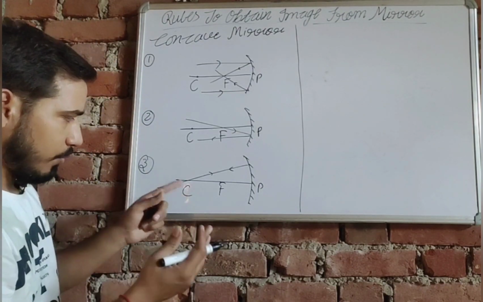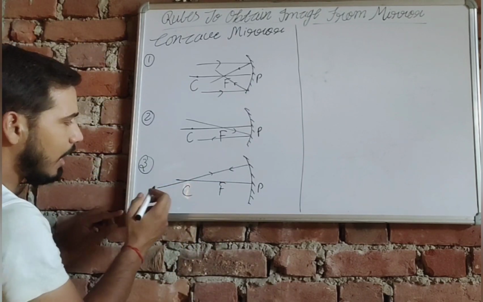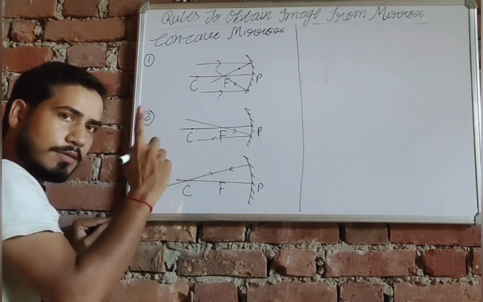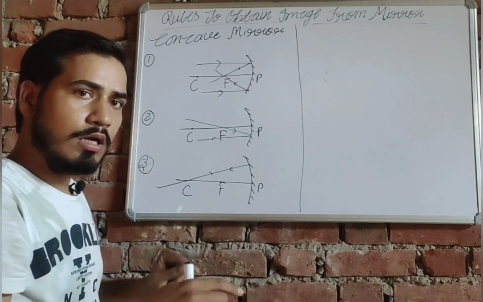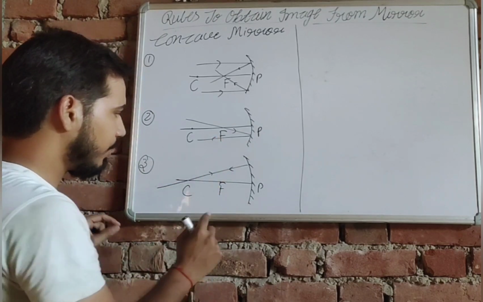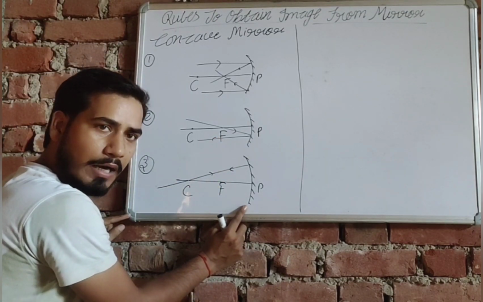Let's see why it happens. As you all know, this C, the center of curvature, is actually the center of the sphere of which this mirror is a part.